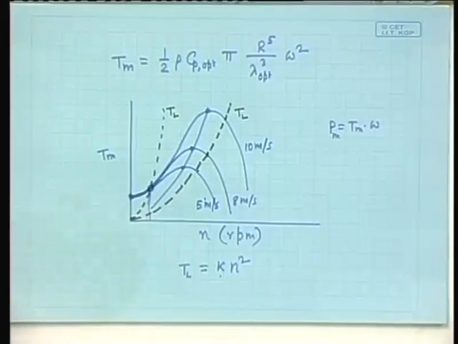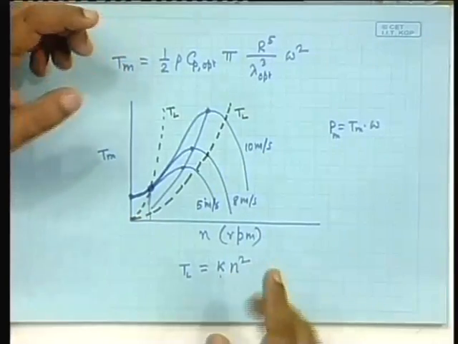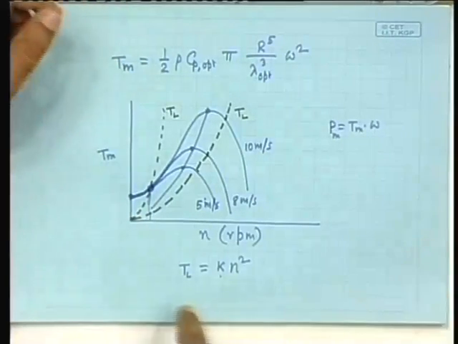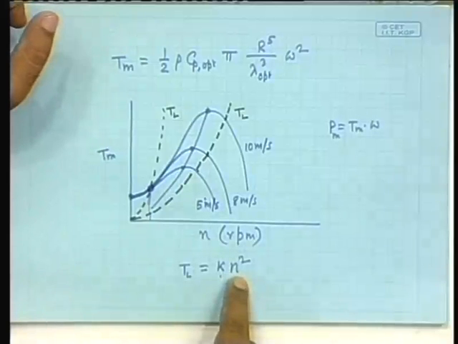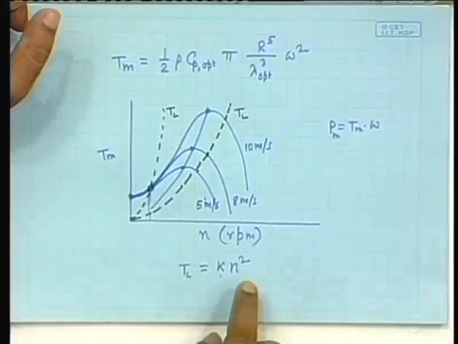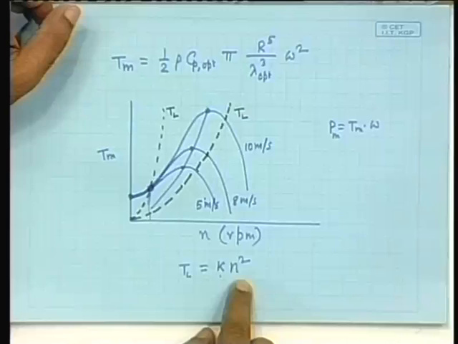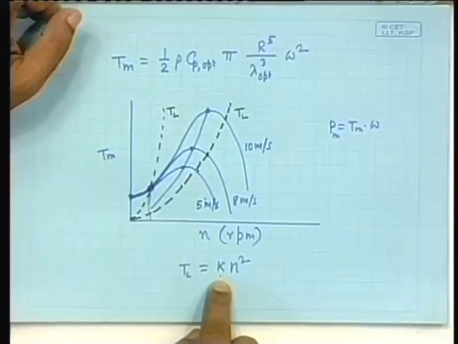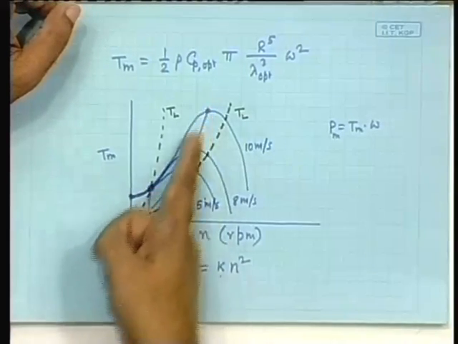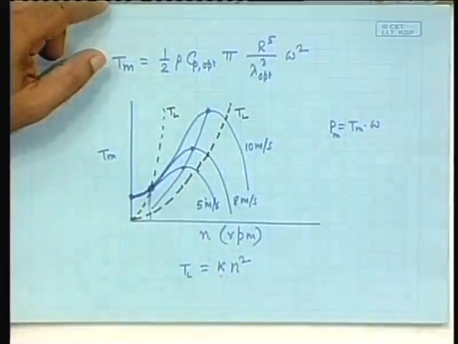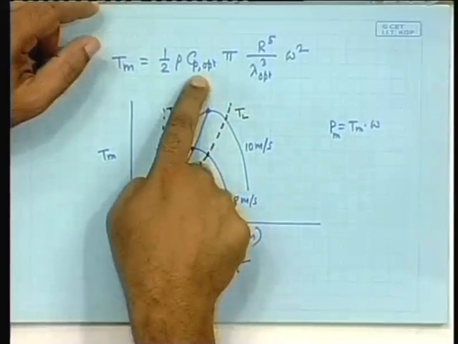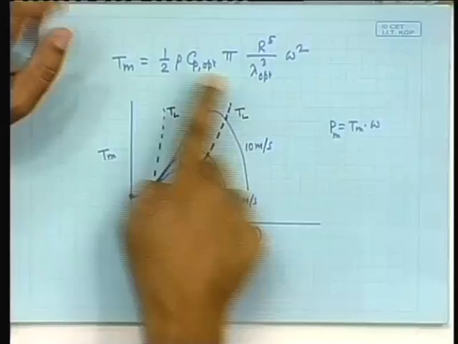It will operate at a very low speed. So, you can easily see how important is the choice of the load characteristics. The load should be such that the load torque is squarely proportional to the rotational speed. Not only that, the constant of proportionality should be so chosen that it operates along this line. This line corresponds to the optimal value of the Cp.